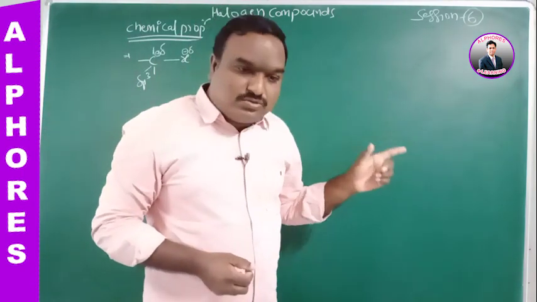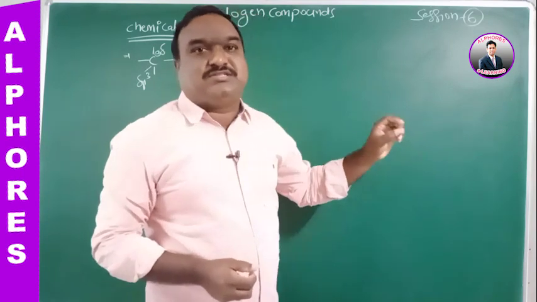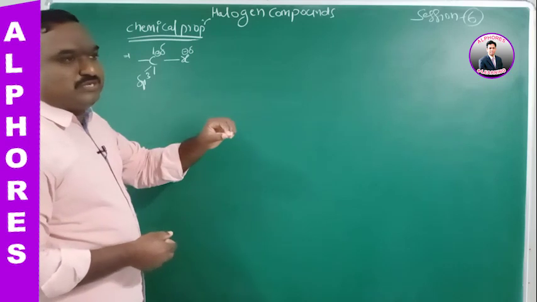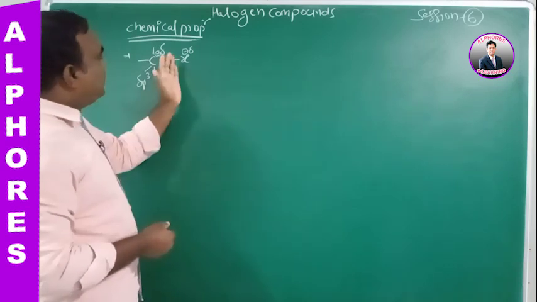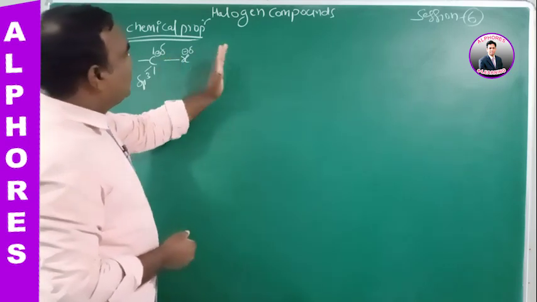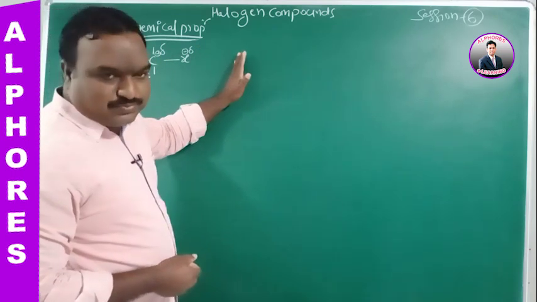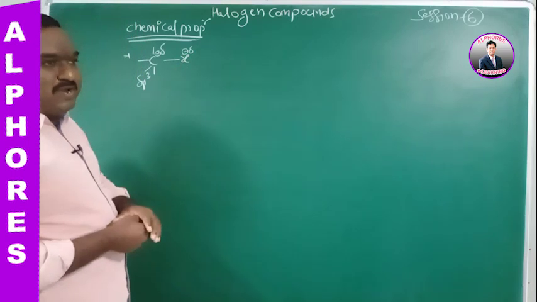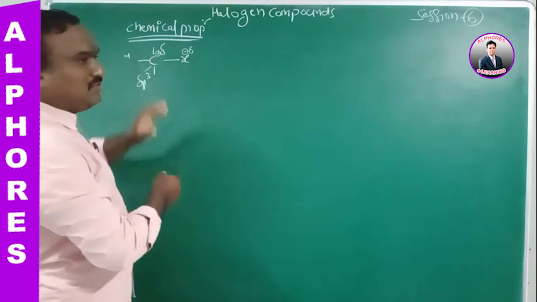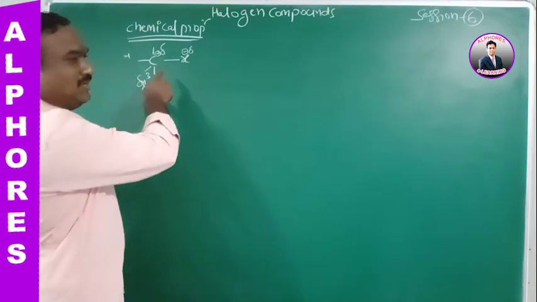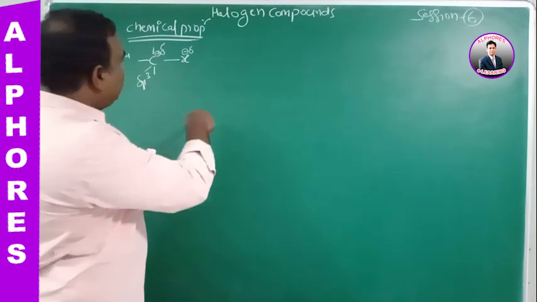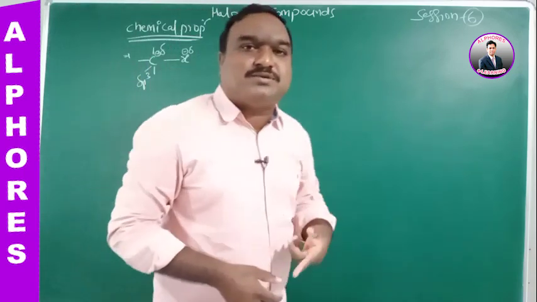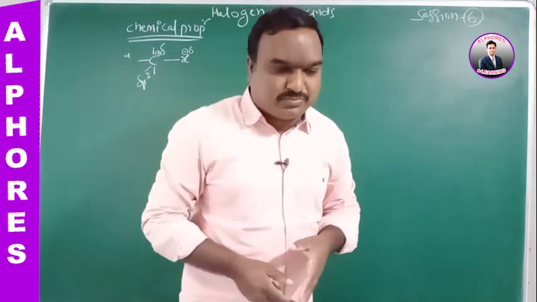Halogen compounds undergo nucleophilic substitution reactions. That means the X minus is substituted by an incoming nucleophile, whatever nucleophile is given. One nucleophile substituted by an incoming nucleophile is called a nucleophilic substitution reaction.